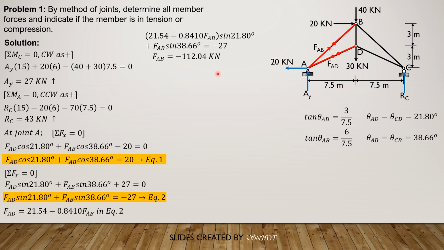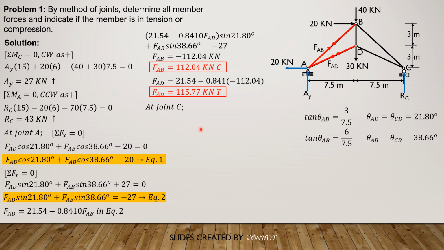That means FAB is 112.04 kilonewtons compression. Then substitute into the formula for FAD: 21.54 minus 0.841 times negative 112.04. So FAD is 115.77 kilonewtons. So it is tension.